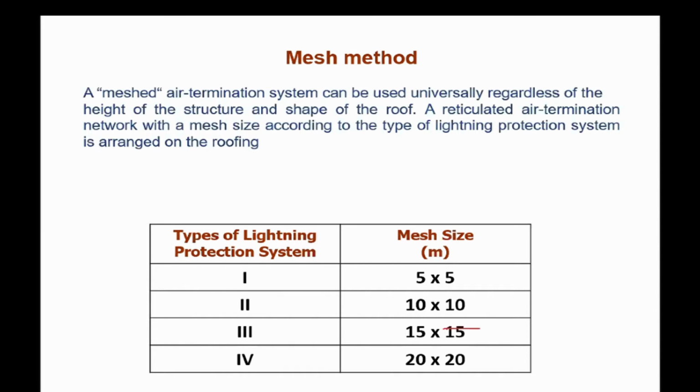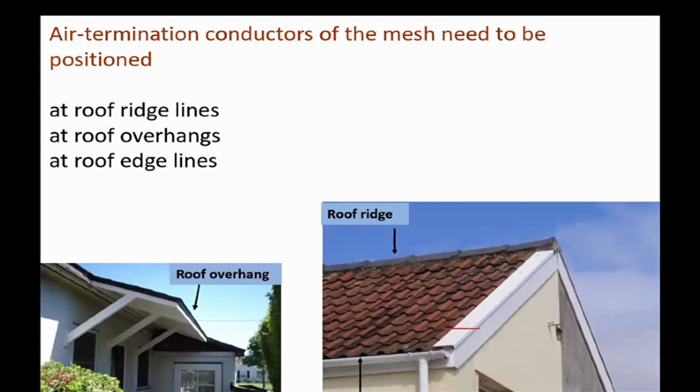That means the dimensions of the material will also decrease. And when you are using the mesh method, you have to pay careful attention that you always cover the roof ridge lines, roof overhangs, and roof edge lines.